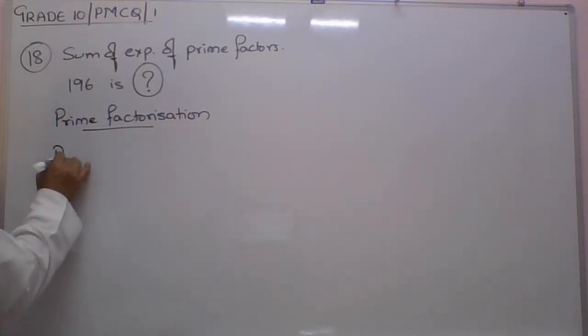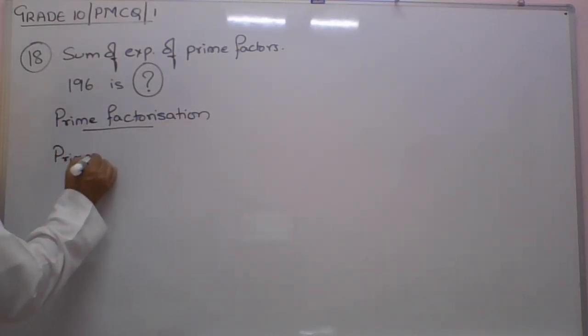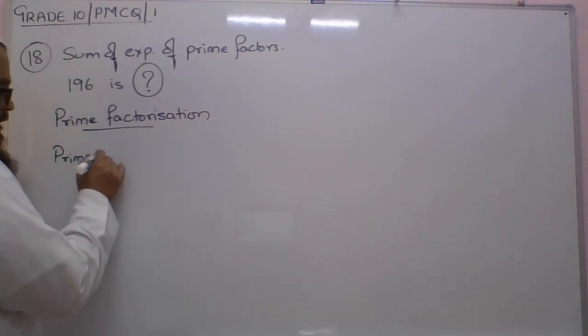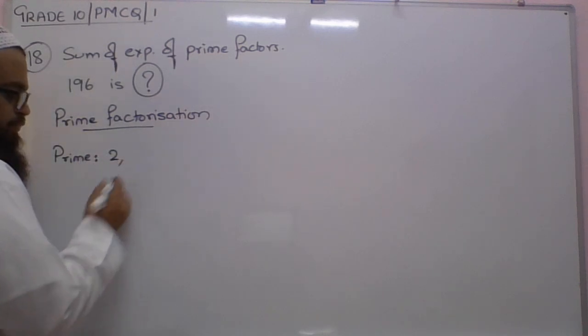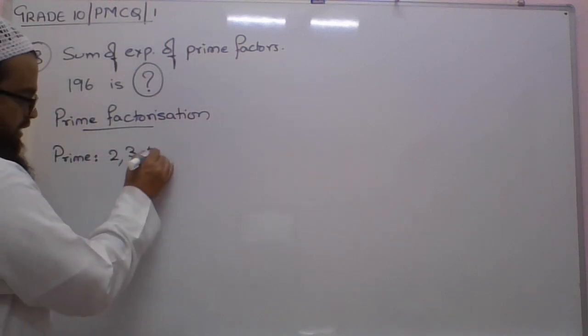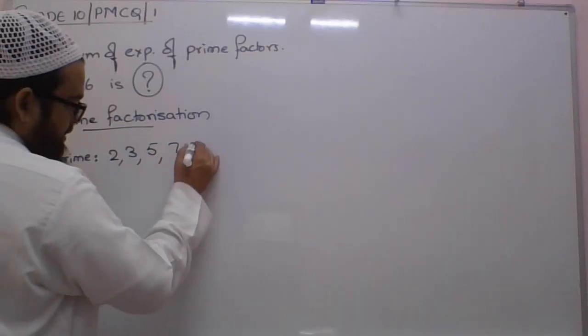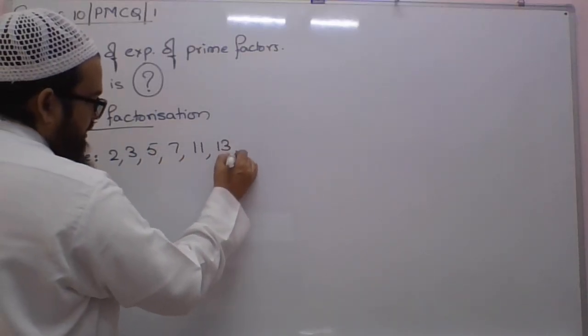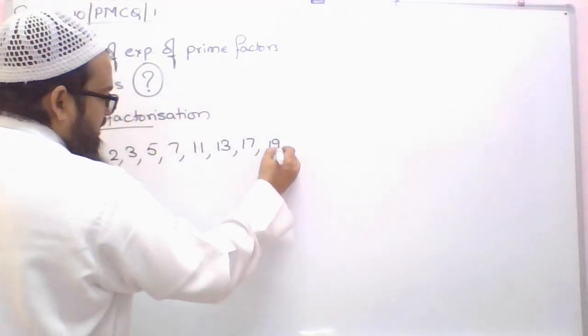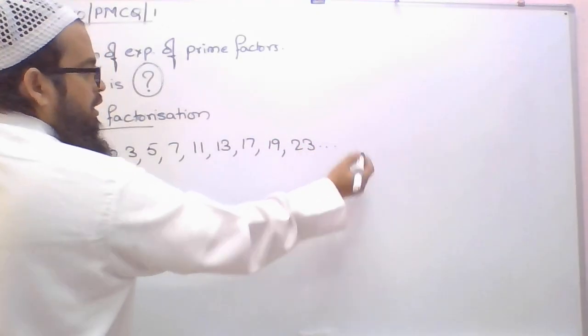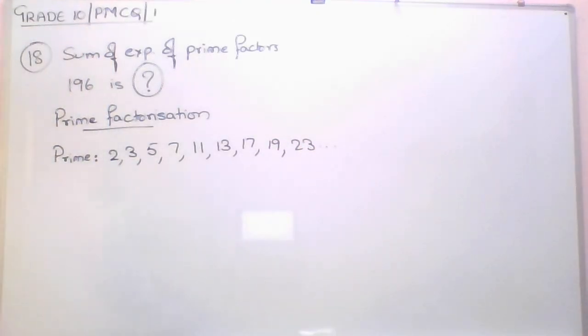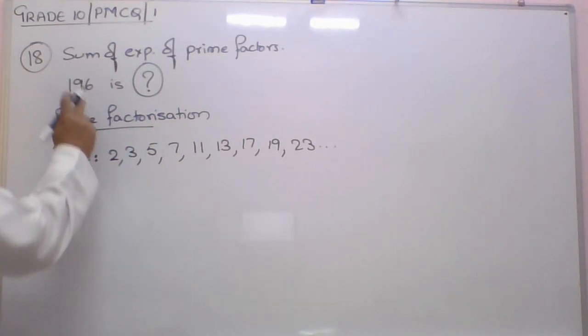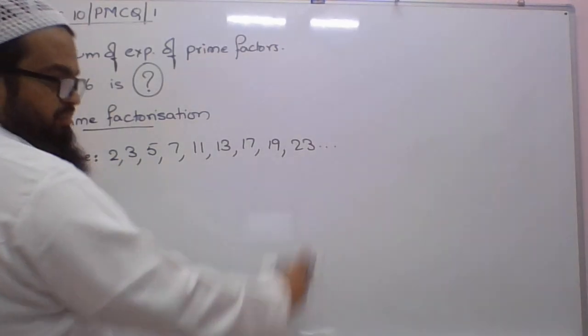For this, you have to know the prime numbers. Prime numbers start from 2, 3, 5, 7, 11, 13, 17, 19, 23, and so on. You have to remember prime numbers till at least 50. Understood or not? So you have to write 196 as a product of these numbers.